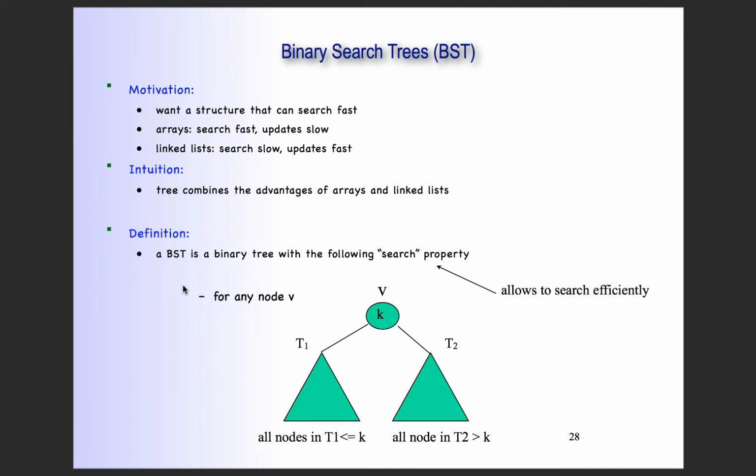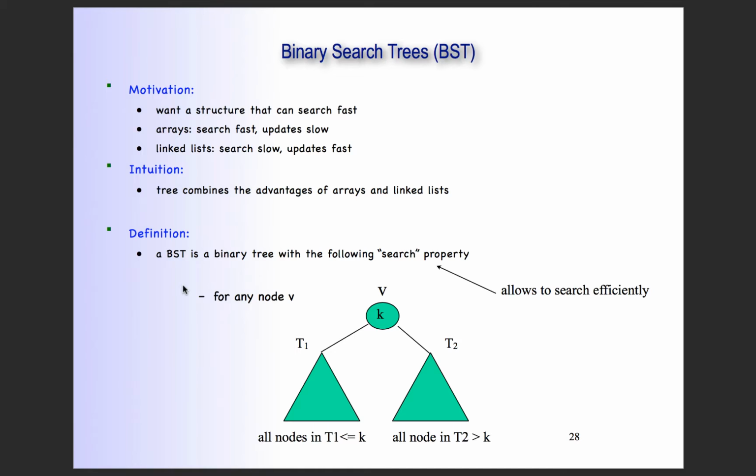But it has a limitation: if you want to search for something in a linked list, you might need a longer process, because there is no index. You have to visit all the nodes to find something.